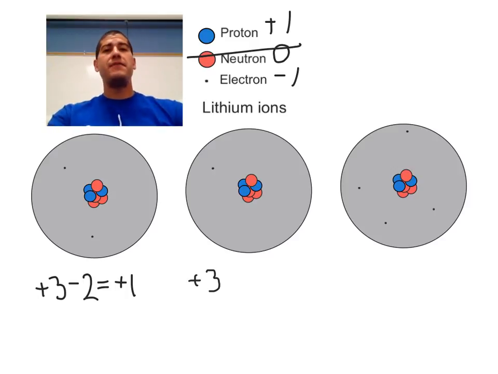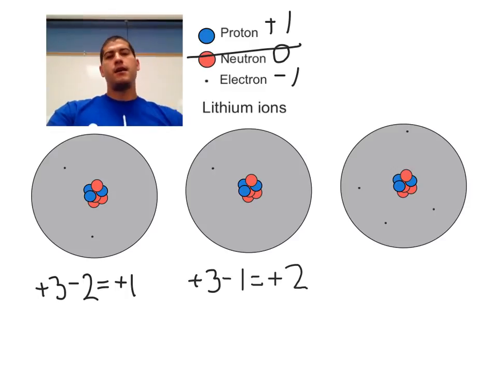But they do have different net charges. This second atom only has a single electron, which means only 1 negative charge is contributed to the net charge of the atom. 3 positive charges and 1 negative charge give this ion a net charge of +2.